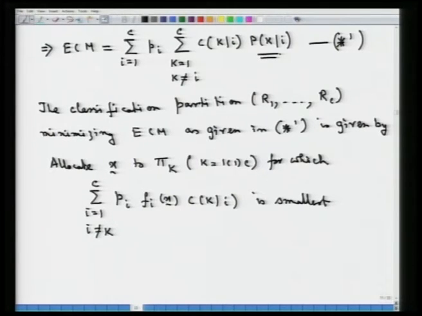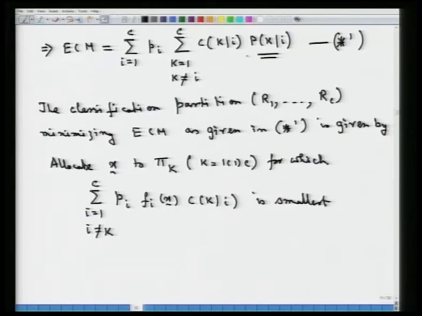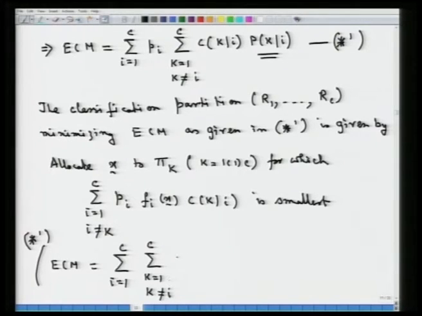Because this particular term, if you recall, that p(k|i) is in terms of this, and hence this expected cost of misclassification, I will just write this expression which should lead one to get to this particular term here, which is summation i equal to 1 to c. So, this is that star 1 expression, which is equal to summation i equal to 1 to c. I will take this pi also inside and write this expression as summation k equal to 1 up to c with k not equal to i.